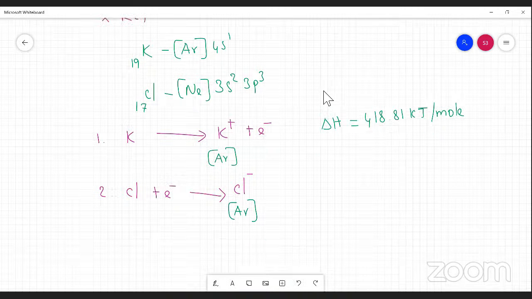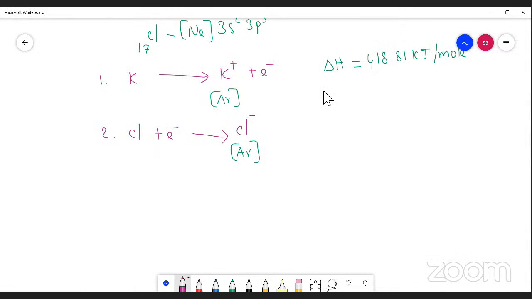So in the third case, what will happen to these two ions? In the first case, this is ionization energy. And the second case is electron affinity, accepting an electron.